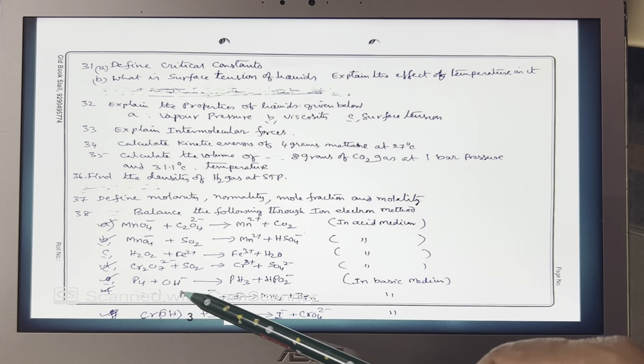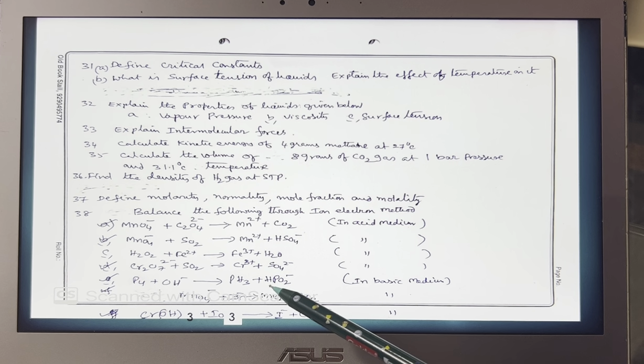P4 plus OH minus gives rise to PH3 plus HPO2 minus in basic medium. MnO4 minus plus Br minus gives rise to MnO2 plus Br2 in basic medium.